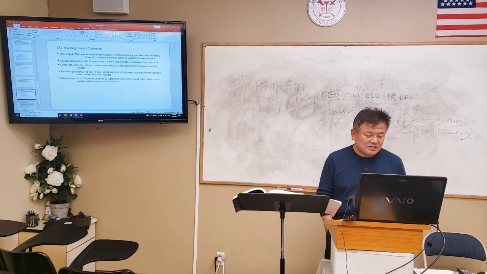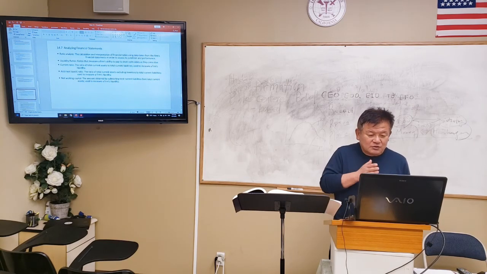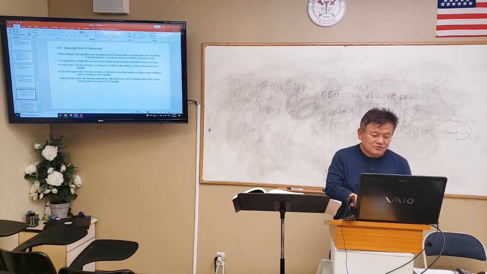And the liquidity ratio is a ratio that measures a firm's ability to pay short-term debts as they come due. So liquidity ratio means the firm's ability to pay. It means the company has some cash flow. And current ratio is the ratio of total current assets to total current liabilities, used to measure a firm's liquidity.